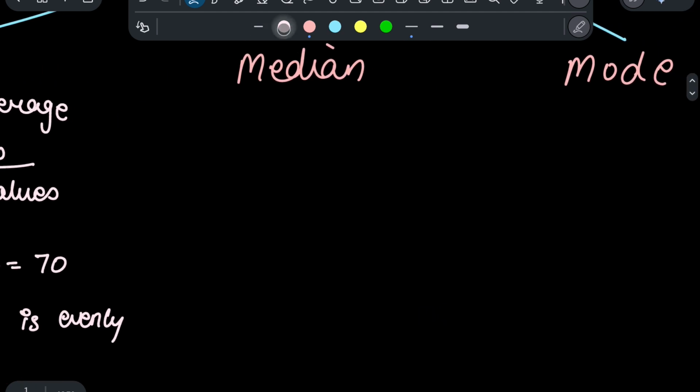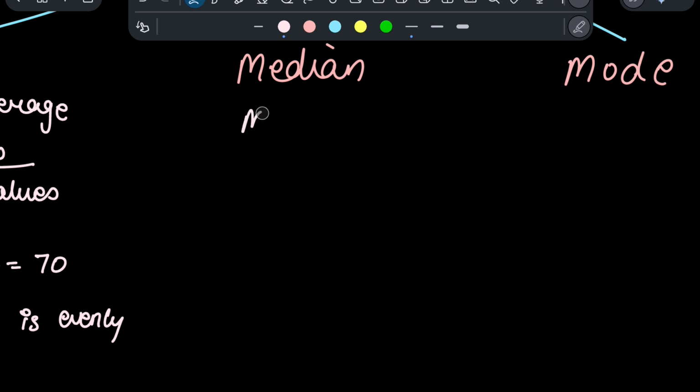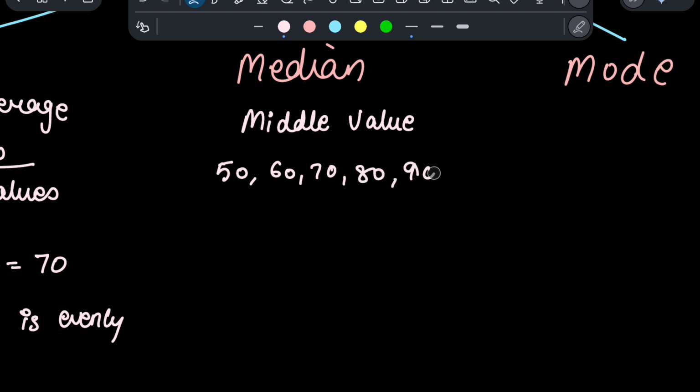Talking about the median, the median is nothing but the middle value. By the definition, it is the middle value when the data is ordered. So for calculating the median, you first have to order your data in either ascending or descending order. For example, the exam scores of the students are 50, 60, 70, 80, and 90.